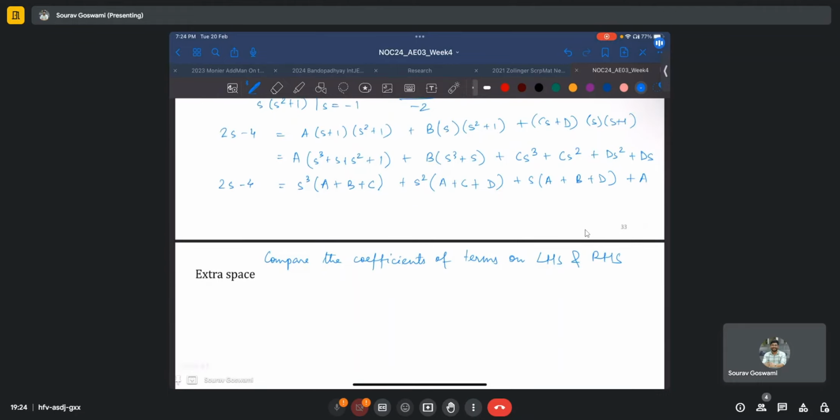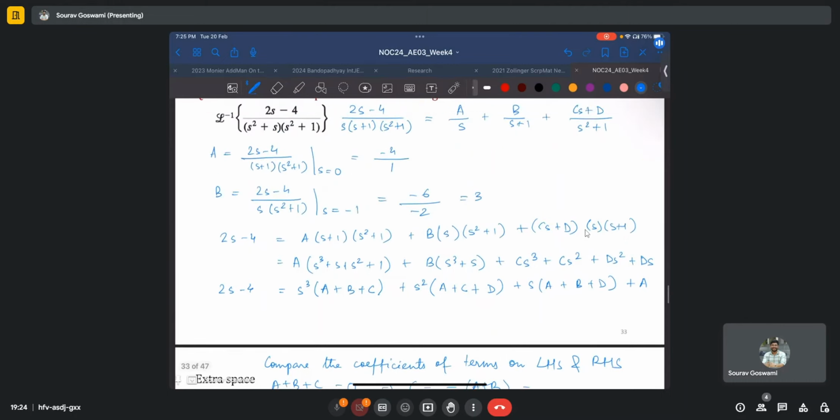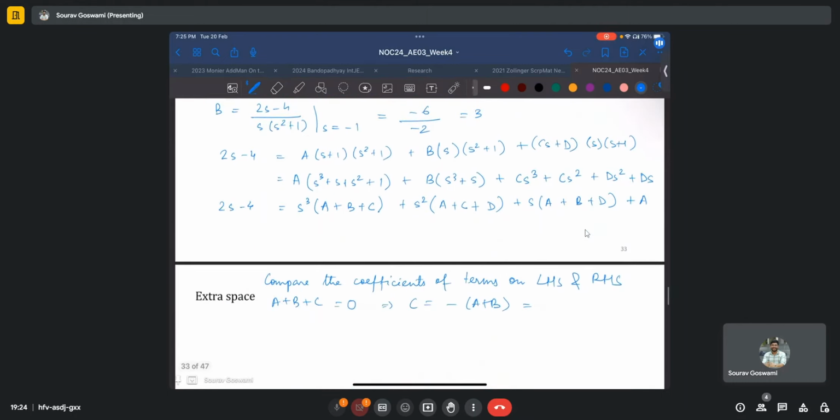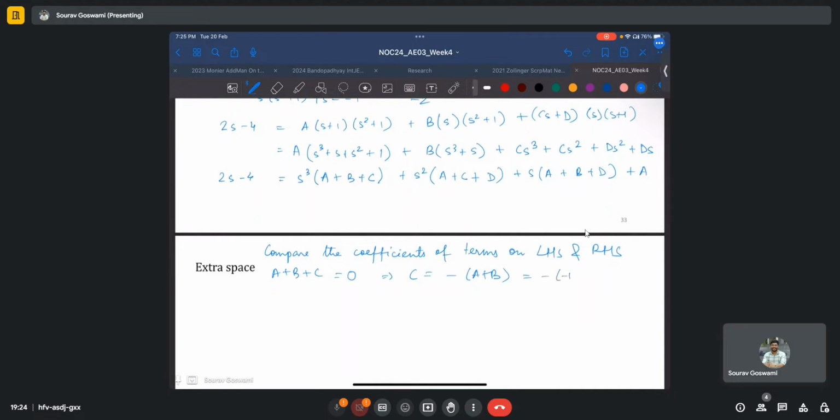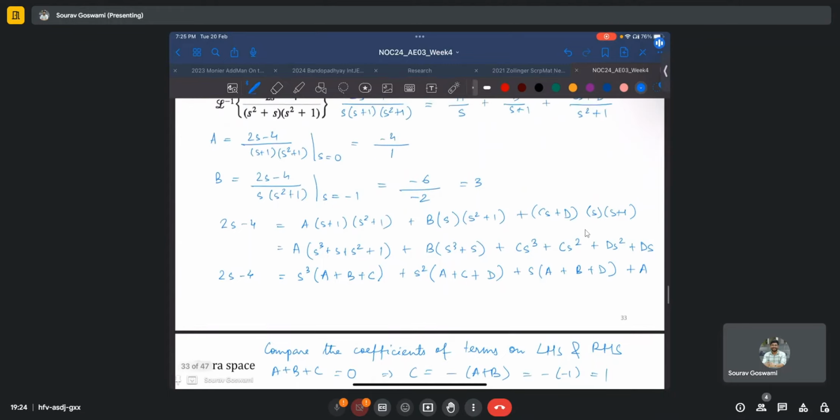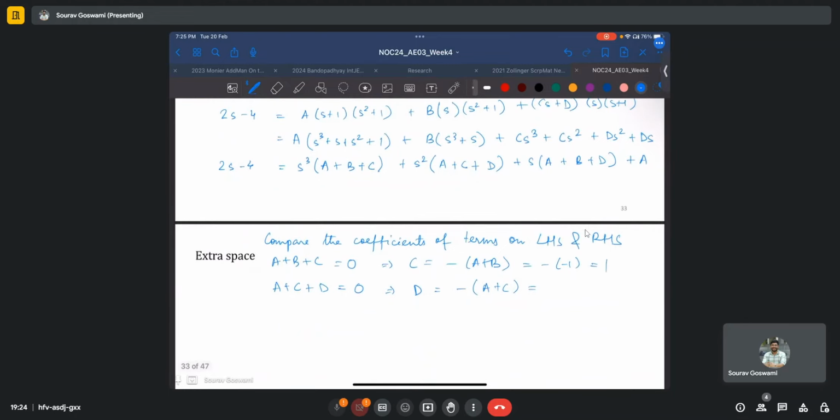So the coefficient of s cube has to be 0. So a plus b plus c is 0, or c is equal to negative sum of a and b. A and b are already known to us, minus 4 and 3. Minus 4 plus 3 is minus 1, so c is 1. Again, the coefficient of s square is 0 as well. So a plus c plus d is 0, or d is equal to negative sum of a and c. A is minus 4, c is 1, minus 4 plus 1 is minus 3, so d is 3.